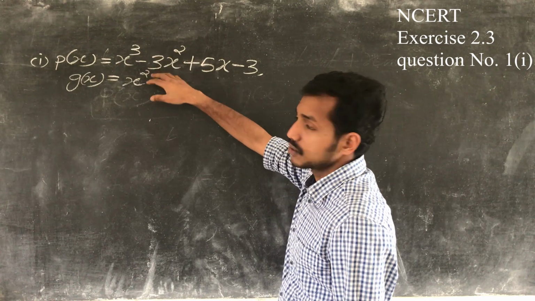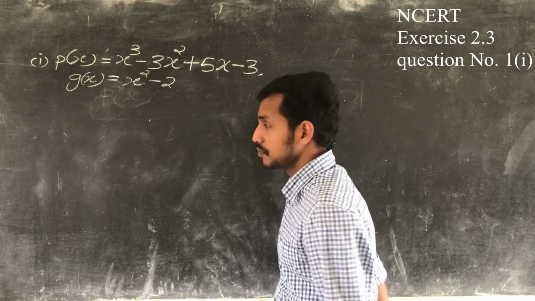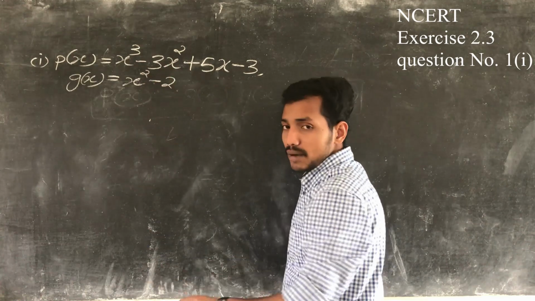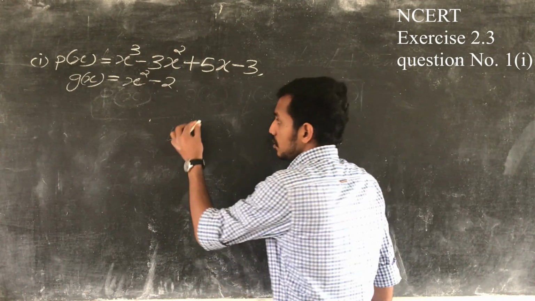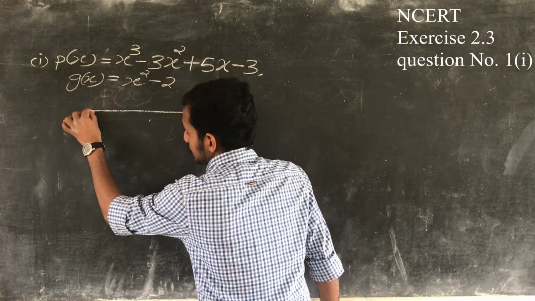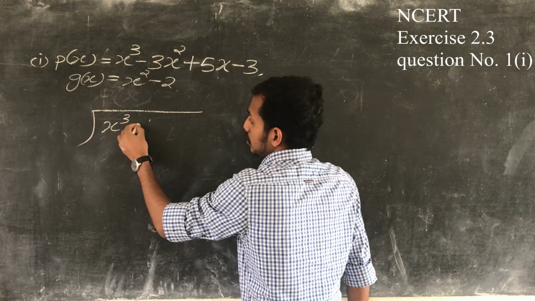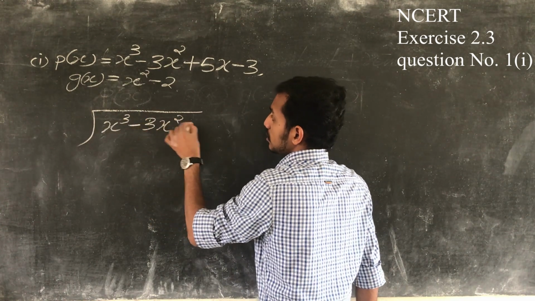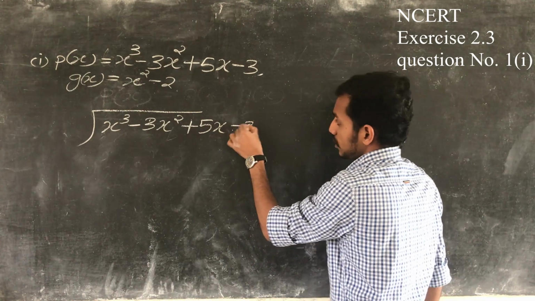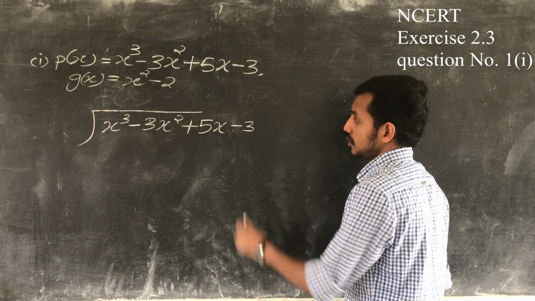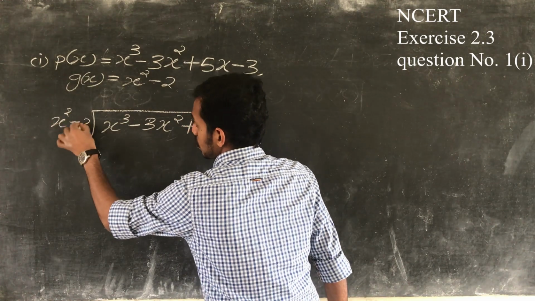So for that we need to divide the given polynomial p of x by g of x. This is the same as in case of dividing numbers. There are some differences. So let's take p of x is x cube minus 3x square plus 5x minus 2, and g of x is x square minus 2.